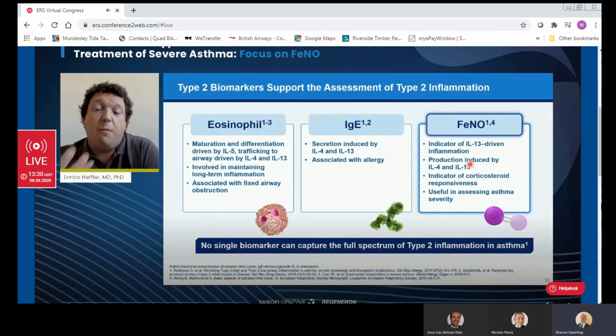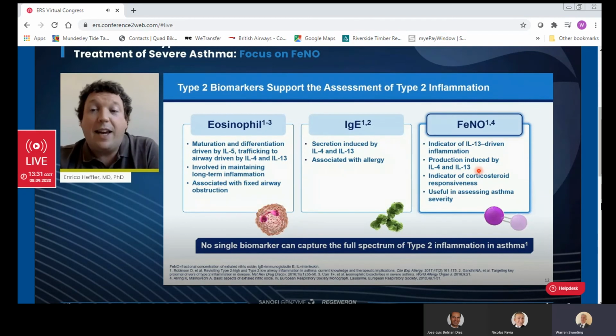And FeNO, which is much more useful in trying to really assess the type 2 inflammation, because as we said before, is directly produced by the activation mediated by IL-13 and IL-4.